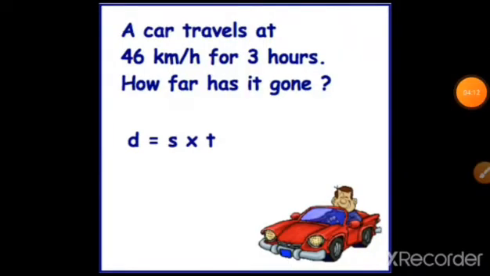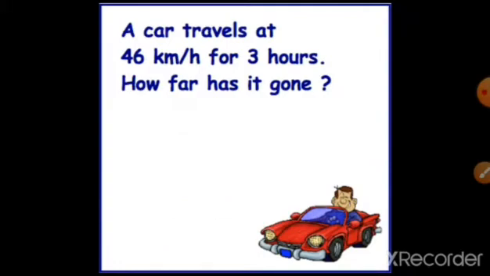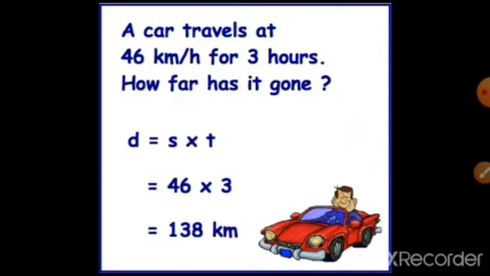Now students, here there is a sum for you. The question is, a car travels at 46 km per hour for 3 hours. How far has it gone? So here the speed is given in kilometer per hour, that is 46 km per hour, and time is 3 hours. So you write distance equals speed into time. So speed is 46 and time is 3.